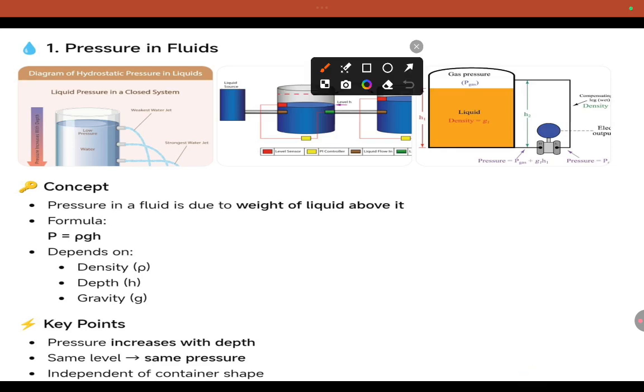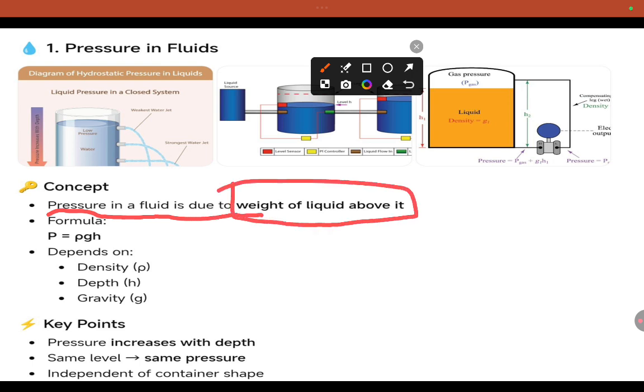Pressure in a fluid is due to the weight of the liquid above it. So we have a liquid, and if you drop any object in this liquid, because of that object's weight you will get pressure. When you drop a stone in a fluid, that stone creates some pressure.